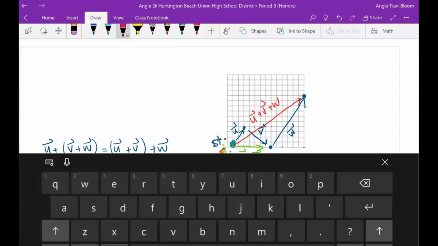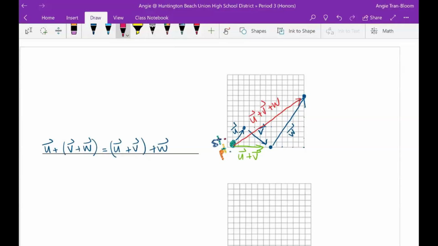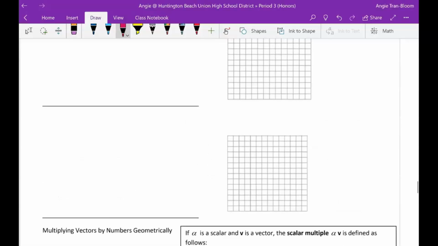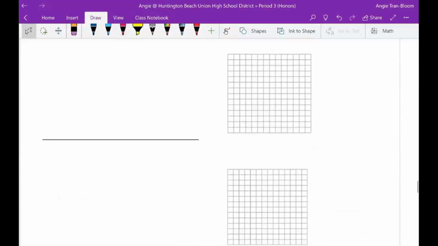Okay, so V was here, and W ended right here. So this right here, in that color, is where V plus W is. Okay, so U plus V plus W is the red one, from wherever the starting point is to where the end one is. We'll stop at these last two.